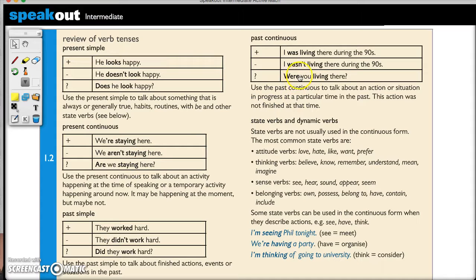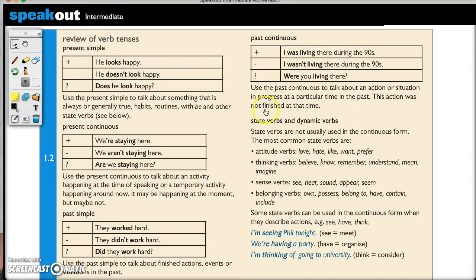So you're only using the simple past of the verb to be. Remember that you have the forms was and were. So was for the first person and third person singular, and were for the rest. Okay? You use it for talking about situations that were in progress in the past. Okay? And they were not finished.